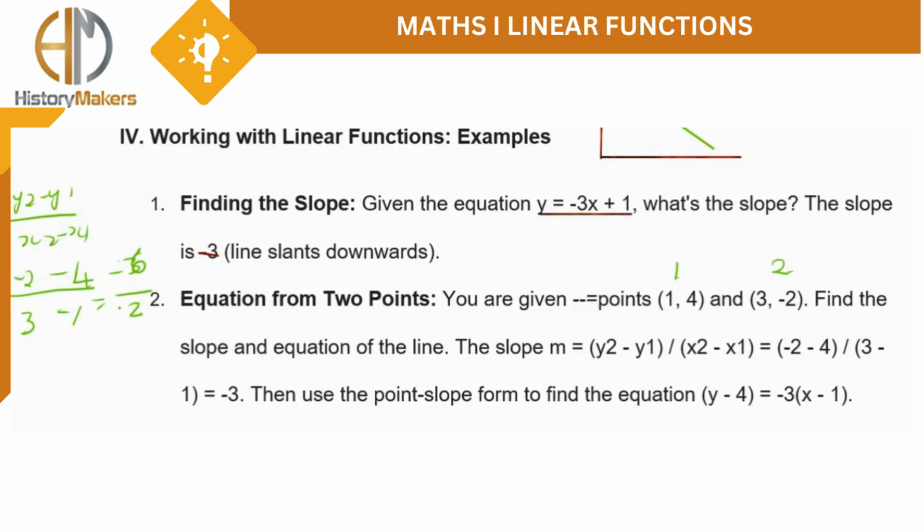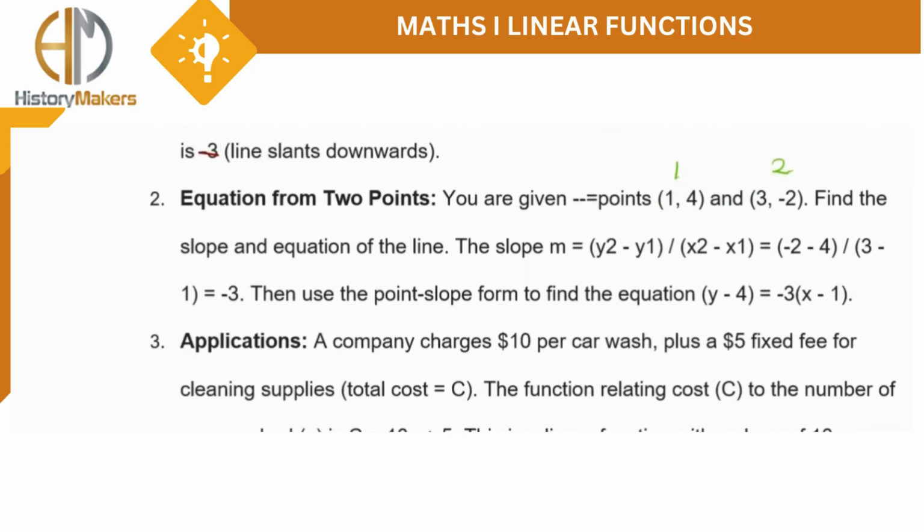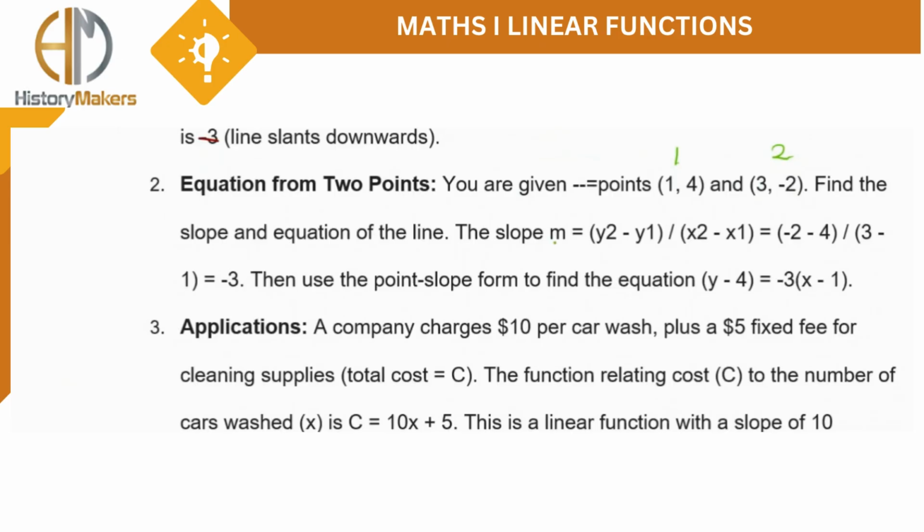So -6 over 2, it becomes -3. As you can see here, m equals y2 minus y1 over x2 minus x1.